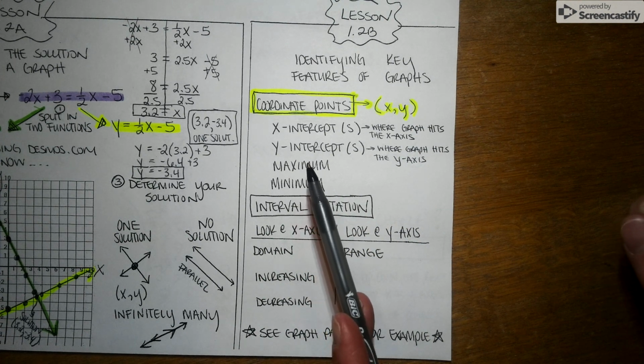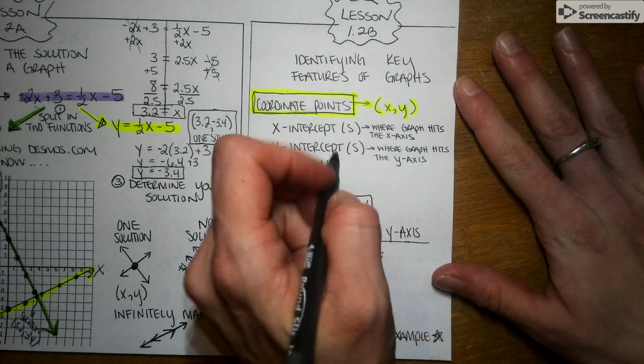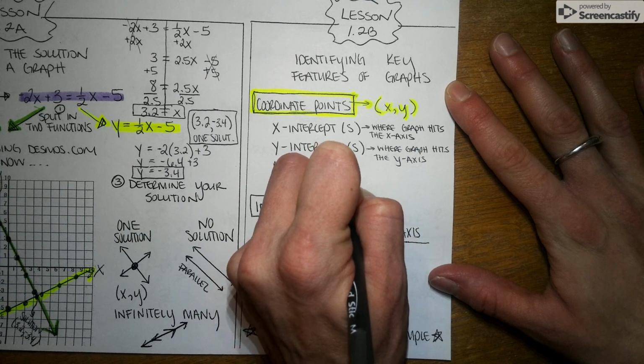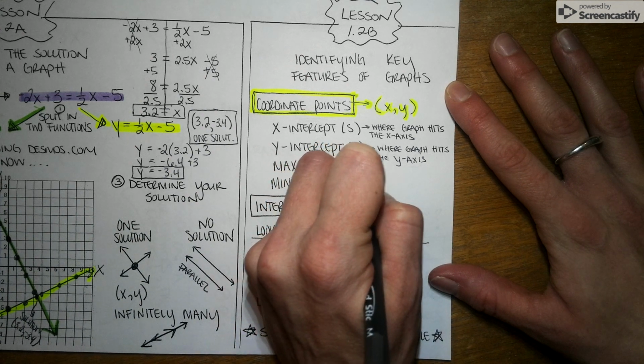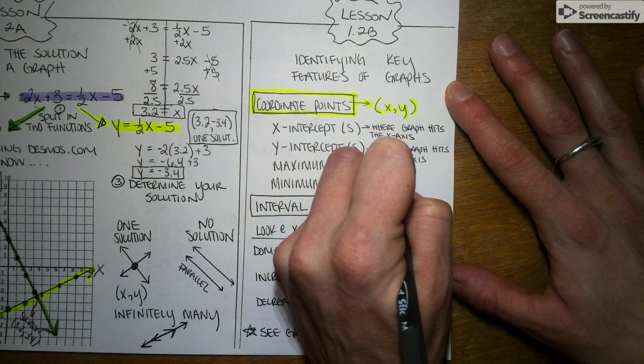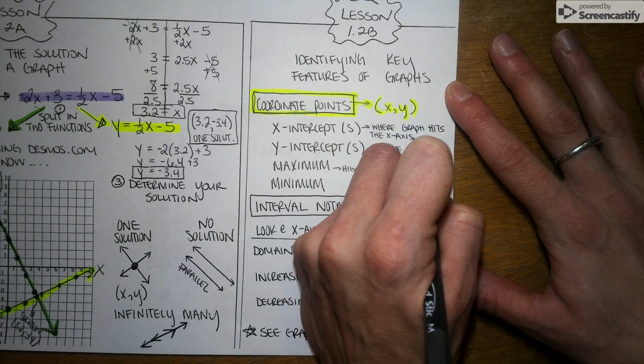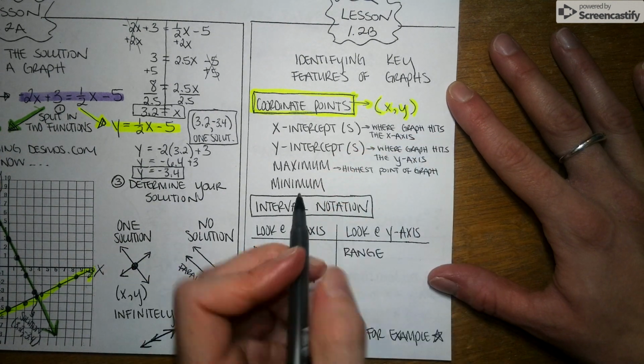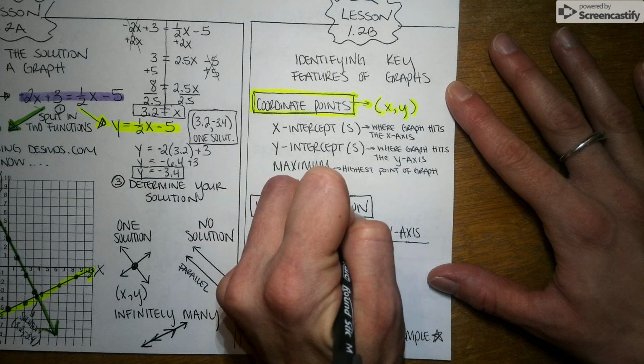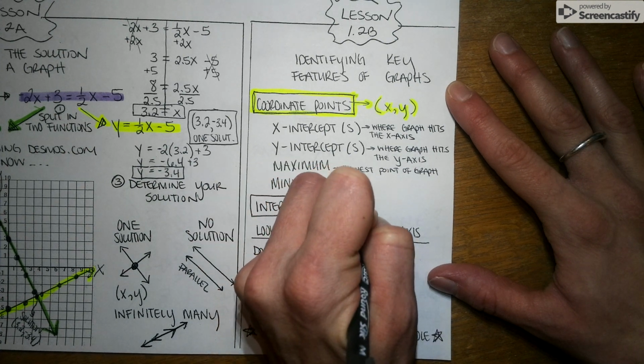The maximum then is going to be the highest point of our graph. And the opposite of that then is our minimum, which is our lowest point of graph.